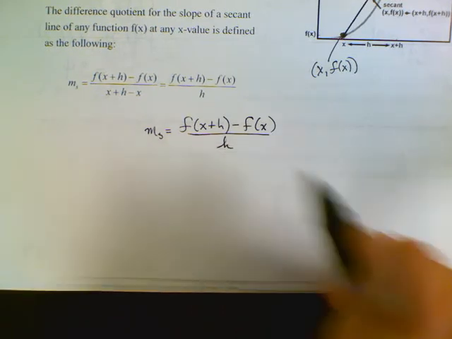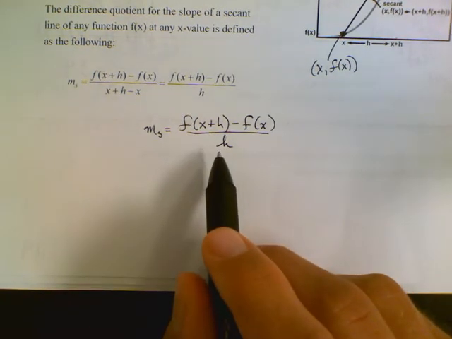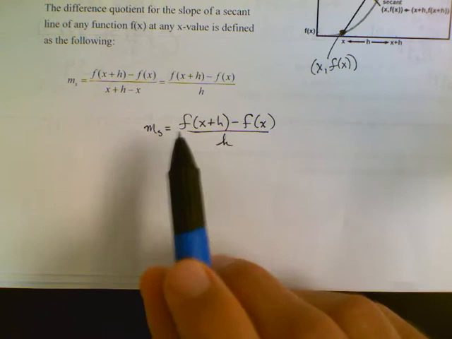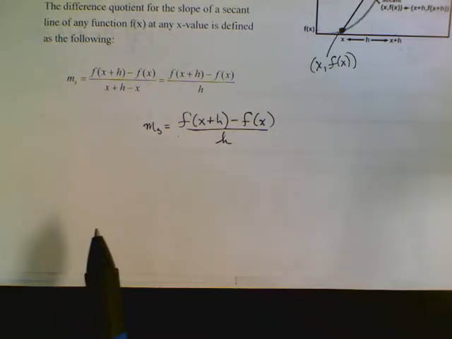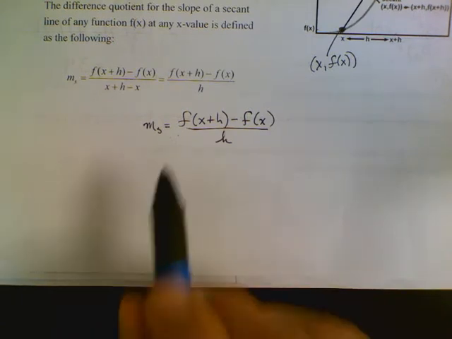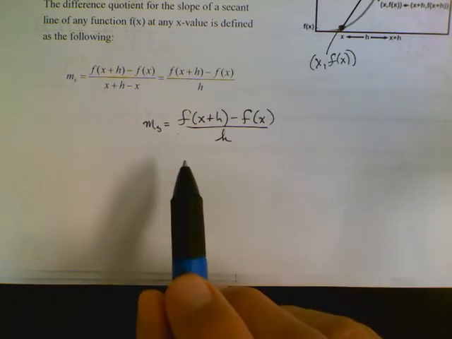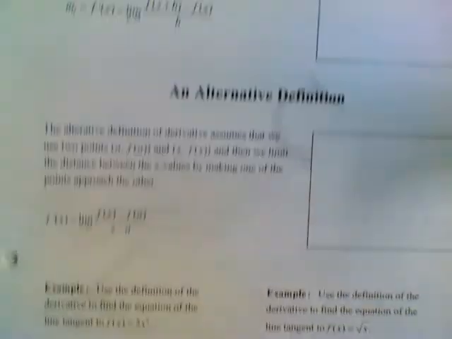What we found out is that if we take the limit of this, that is going to give us the slope at a given point, and that is the essence of calculus.